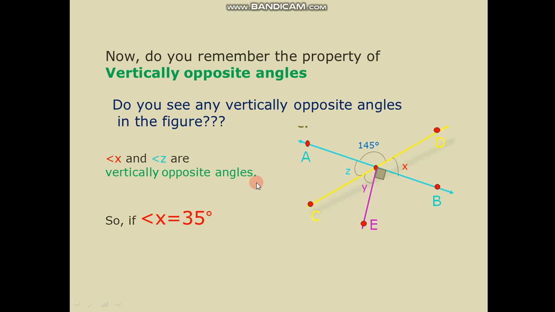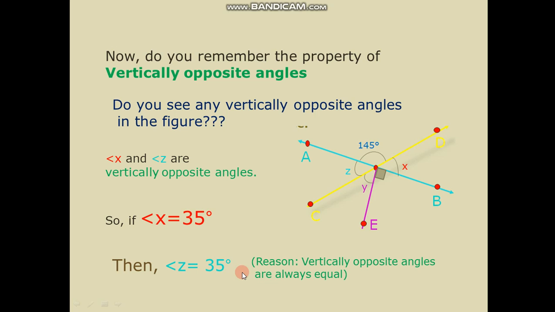What should we do? If angle x equals 35 degrees, then we can directly say that angle z is also equal to 35 degrees. And we will write the reason in front of it, why I am saying angle z equals 35 degrees: because angle x and angle z are vertically opposite angles.